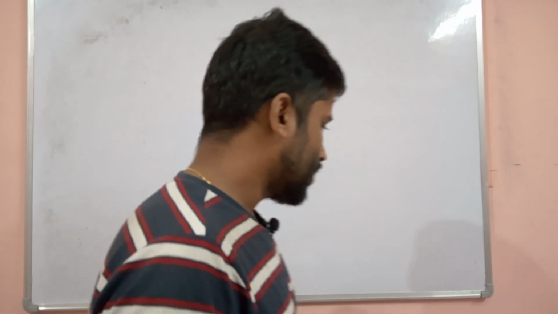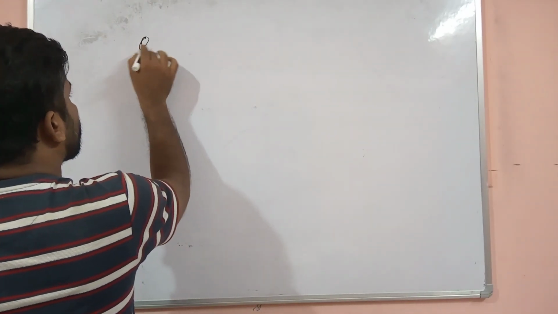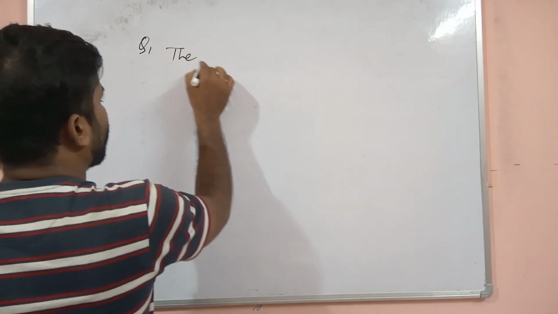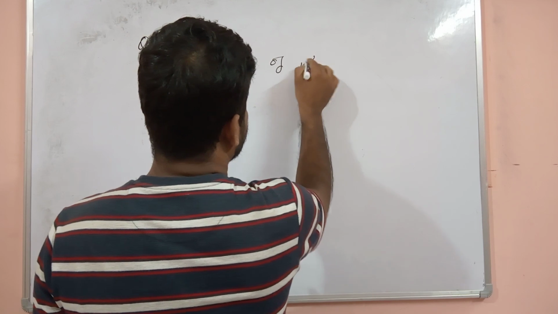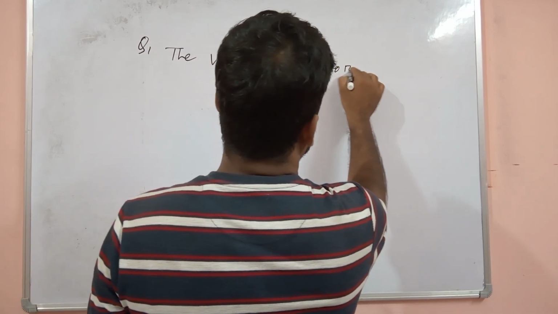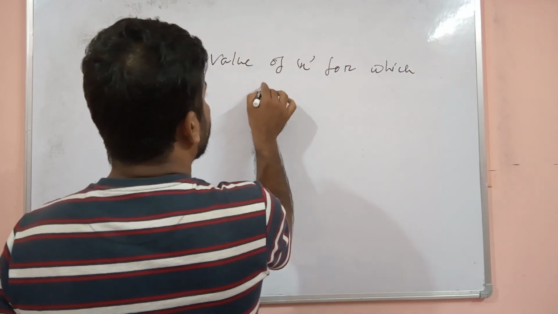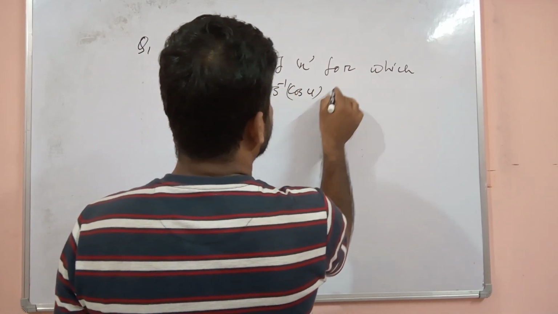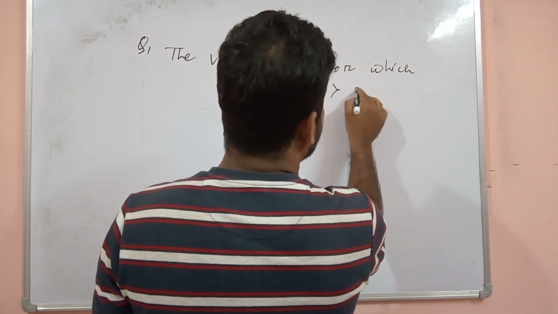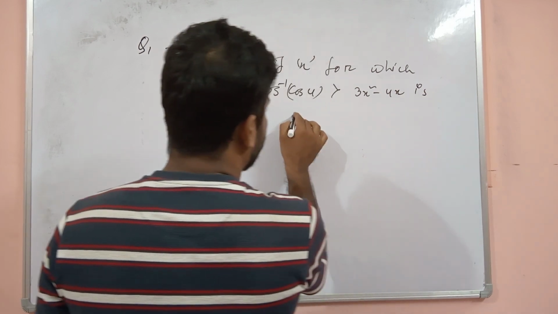Let's see question number 1. The value of x for which cos inverse cos 4 is greater than 3x square minus 4x is.